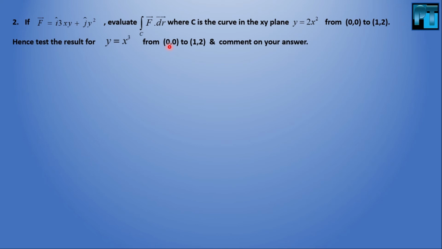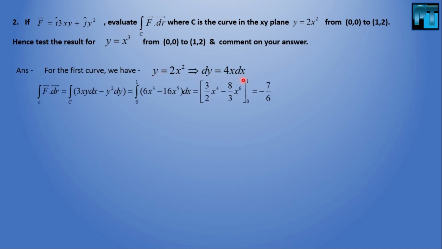For the first curve, we have y equal to 2x squared, so we can convert all the y's into x, like dy equal to 4x dx, and put y equal to 2x squared here and convert this whole thing into x. After simplifying, the result is minus 7 by 6. This is for the first curve.